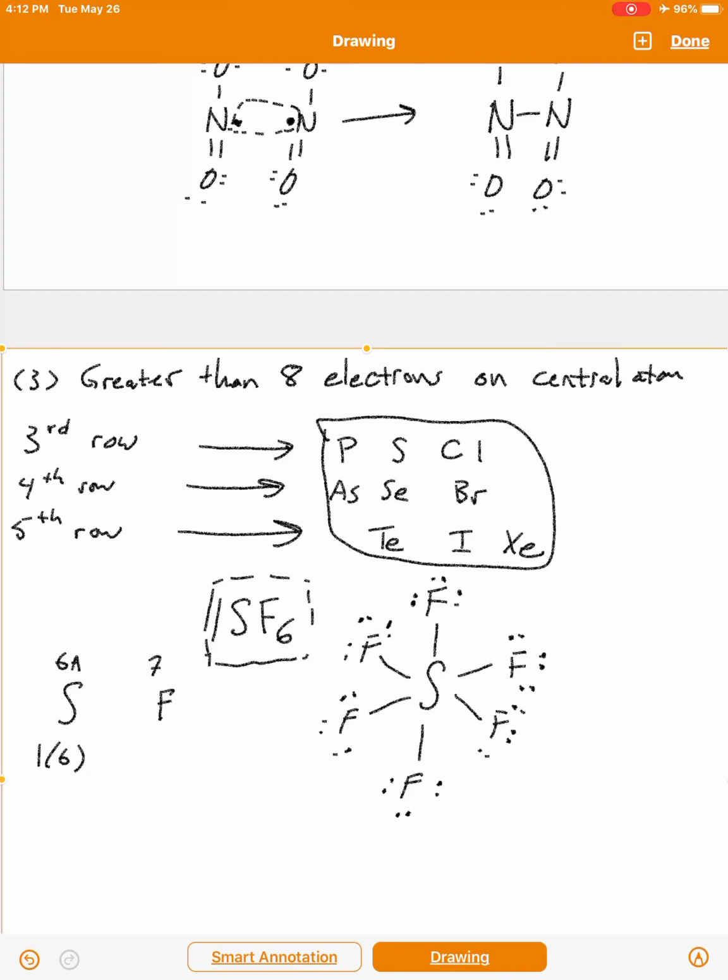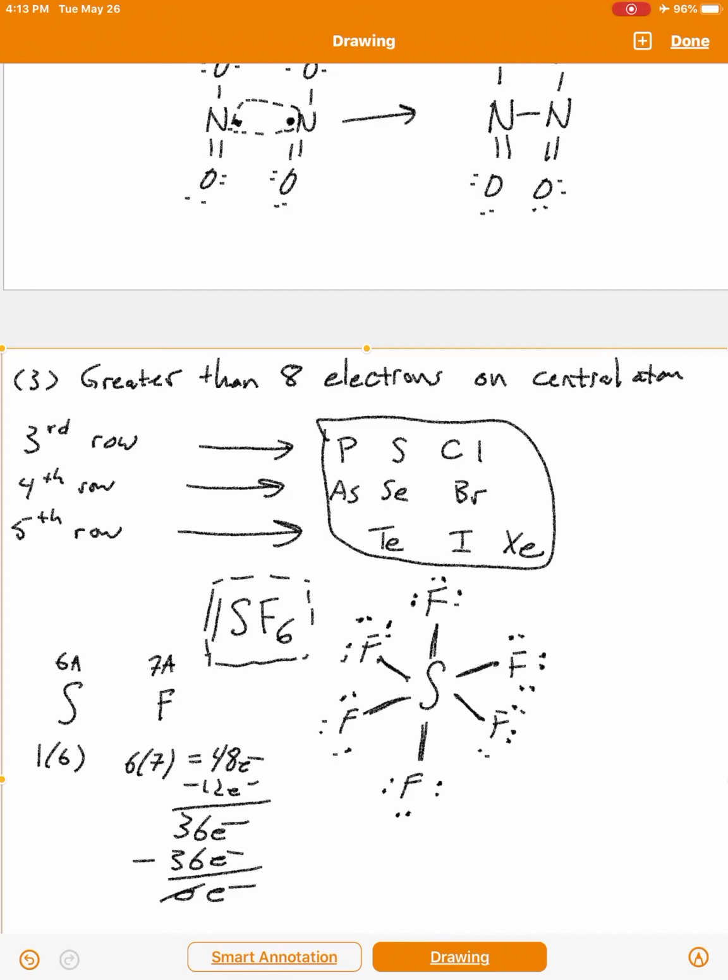Fluorine is in column 7A, but there's 6 of them, so that's 42 plus 6 is 48 electrons. There's 6 surrounding atoms, so that's 12 electrons right there. So that gives us 36. So what did I do? I put 3 lone pairs on each of the surrounding atoms, and there's 6 of them. So that's 36 electrons, and you get 0.